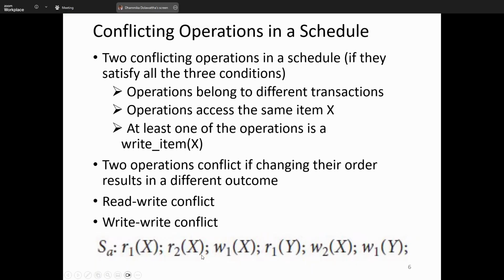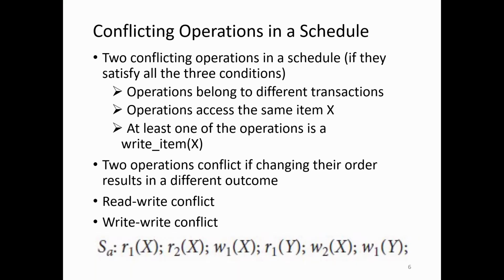So after changing the order, the read item operation of T2 will read the modified value of item X, which was modified by transaction 1.